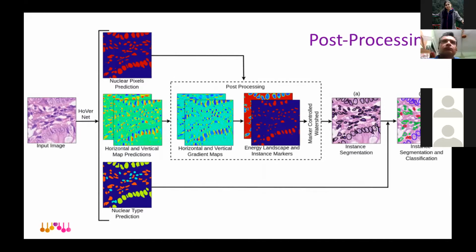We then applied a series of post-processing steps to obtain the energy landscape and the instance markers, and then performed marker-controlled watershed to get the instance segmentation result. And then for each predicted instance, we utilized the nuclear type prediction to associate the predicted category with each nuclear instance.